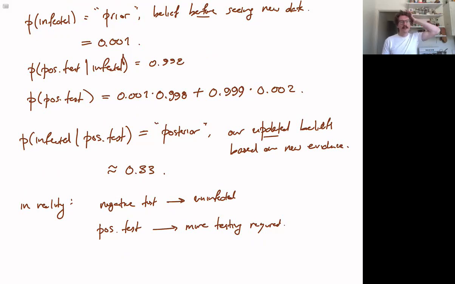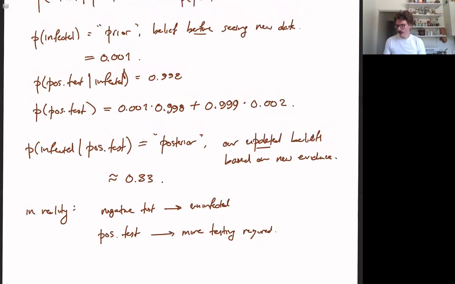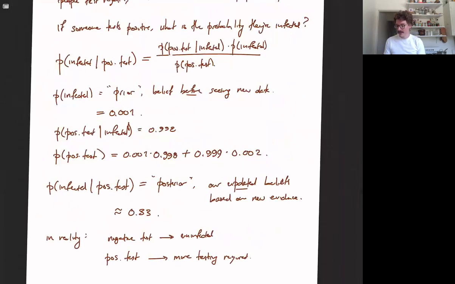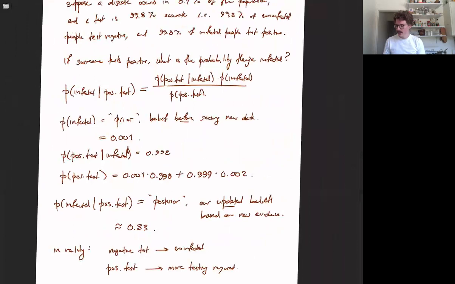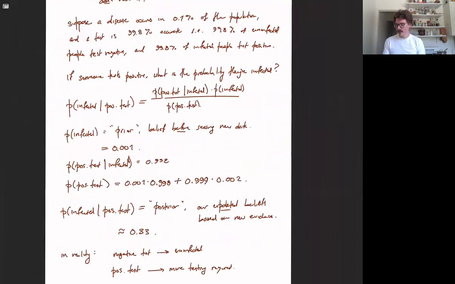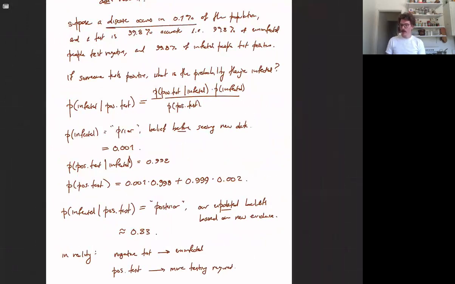Now, there is some potential criticism of this philosophy, which is that it depends very much on having good priors. So, for example, in this medical testing example, we can already see this. Suppose a disease occurs in 0.1% of the population, but maybe this patient you know more things about. Maybe they're a member of a population that is at particularly high risk.